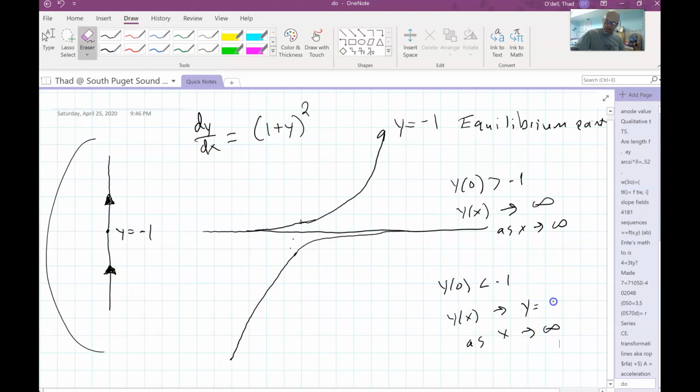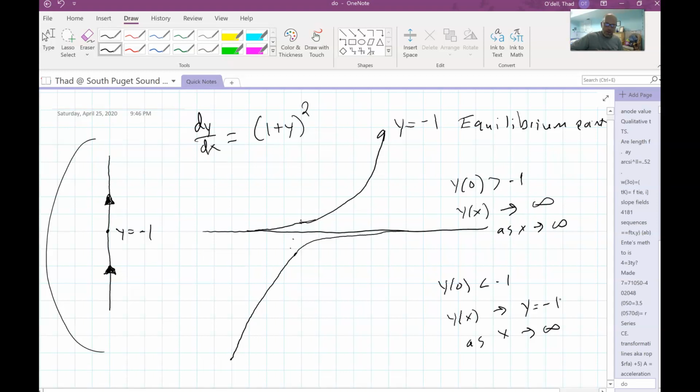Now we know that it never gets there. There's a horizontal asymptote there, but it is approaching. But we don't really know how fast it's approaching infinity, or how far out the x-axis we have to go to see the approach to infinity.